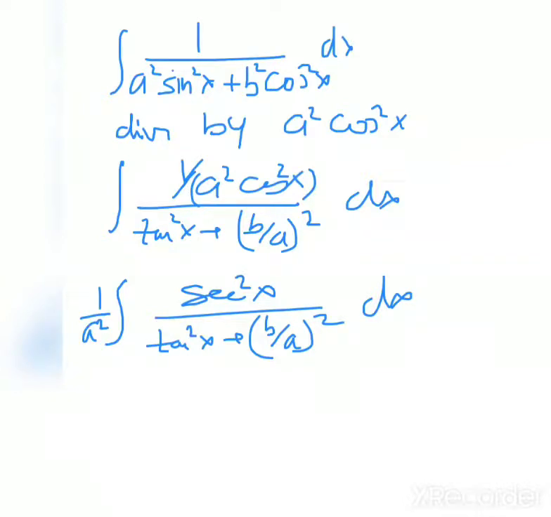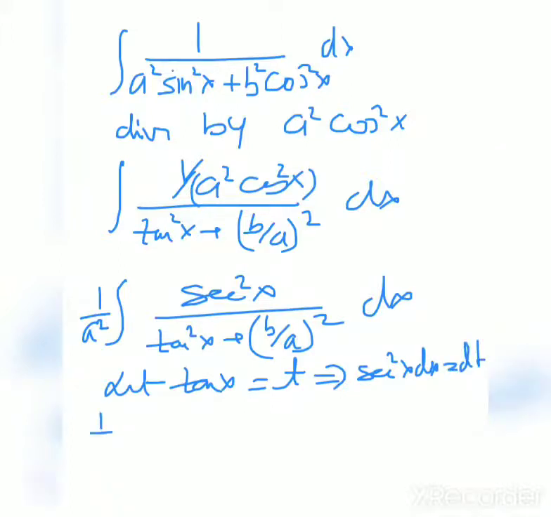We are supposing tan x as t. Let tan x equal to t. So sec square x dx will be equal to dt.